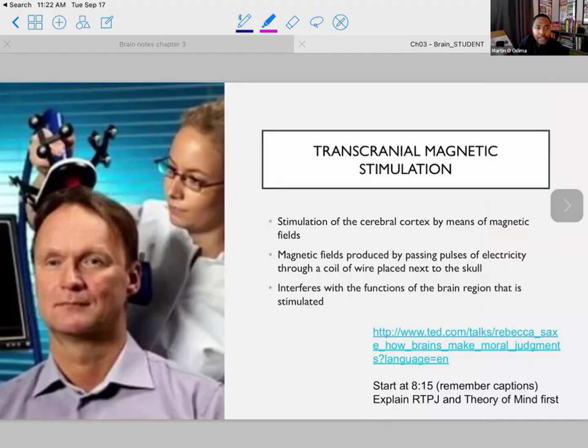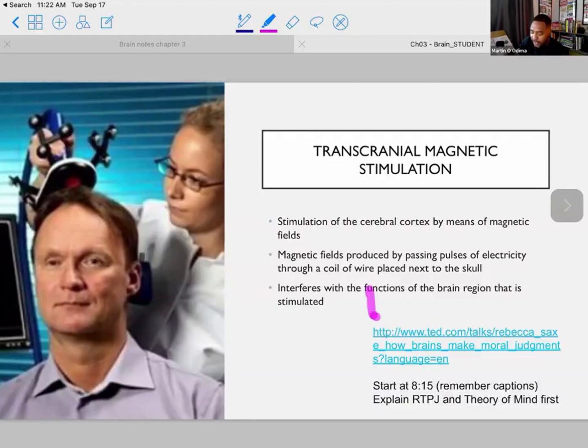Transcranial magnetic stimulation of the cerebral cortex works through magnetic fields. Different magnetic fields are produced by passing pulses of electricity through a coil of wire placed next to the skull, and this interferes with different functions in the brain that are stimulated.